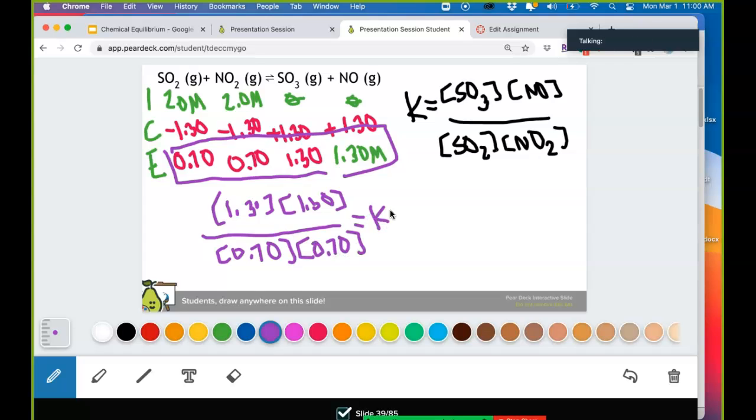So that equals K. So now we plug and chug. All right, I'll give you a second to calculate that out. I think this is the answer.